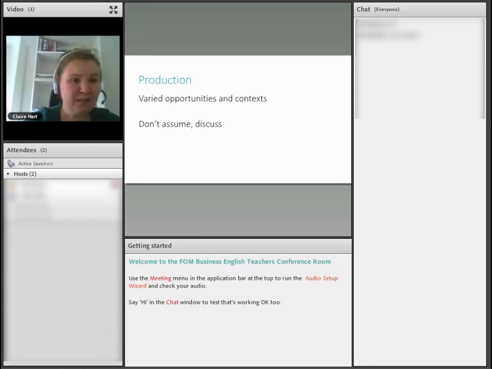By which I mean, I think we as university business English teachers have a tendency, unfortunately, and I know I'm also guilty here, of just assuming that we know what learners need, especially if we've been teaching for a long time. It's easy to think that you can second guess what learners need.